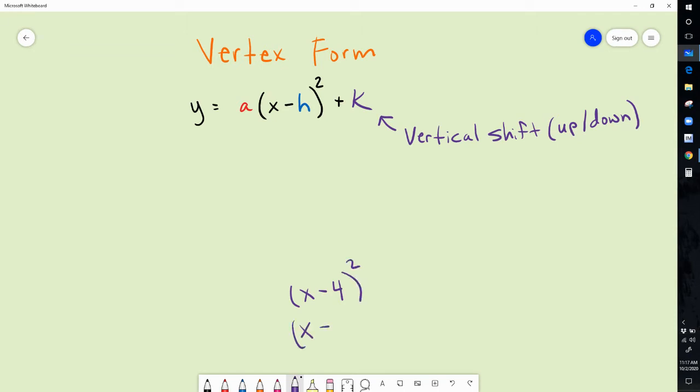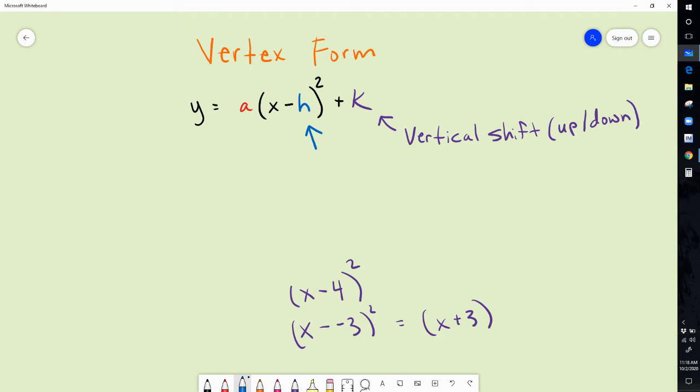If h is negative, let's say negative 3, let's plug in a negative 3. Well, where does that actually look like? Well, it looks like this, right? So the value of h that you actually plugged in is opposite of whatever it ends up looking like, which makes it actually really confusing. So we'll talk about that more, but I didn't want the people that were looking at that to be all weirded out.